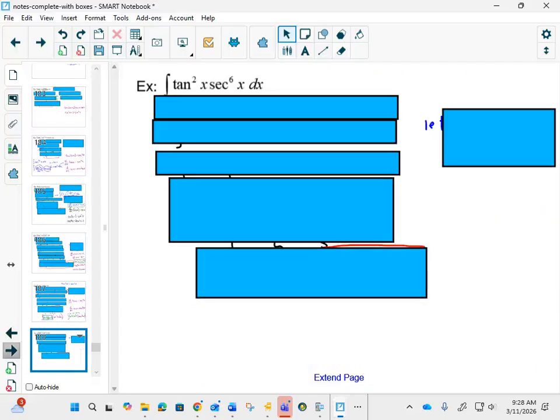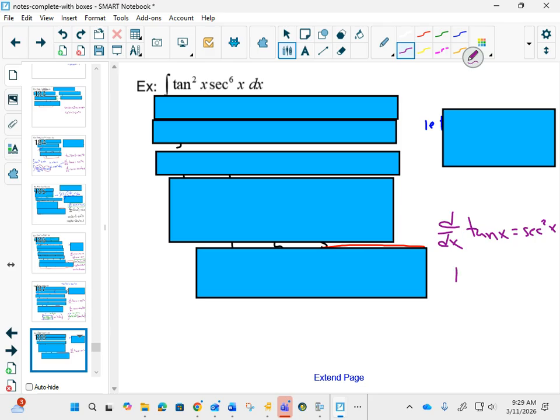So here's our last one. Okay, again, I'm going to do that strategy. I'm going to say I know my d/dx of tan x is secant squared x. I know my d/dx of secant x is secant x tan x. So I'm going to take my original one and do some substitutions.